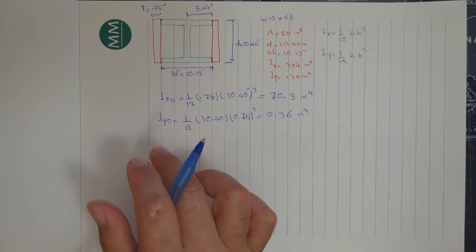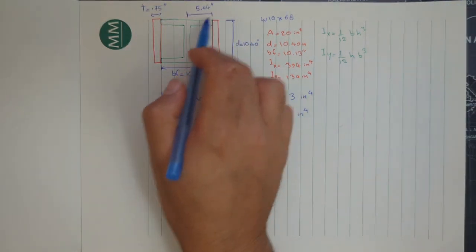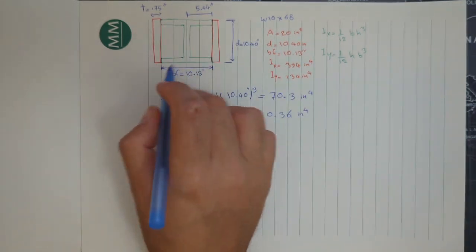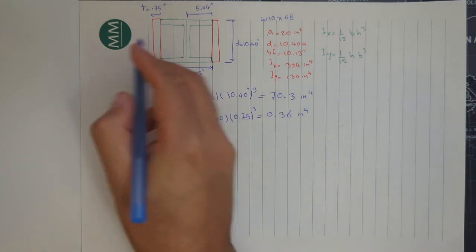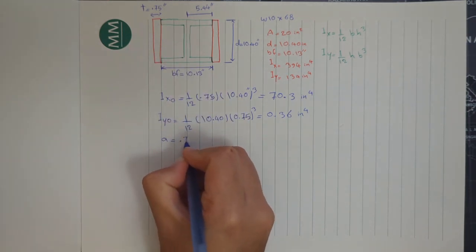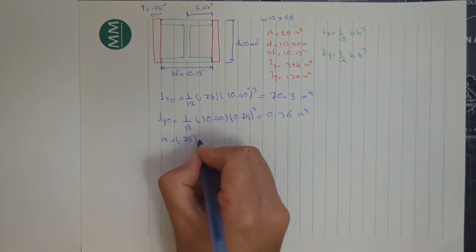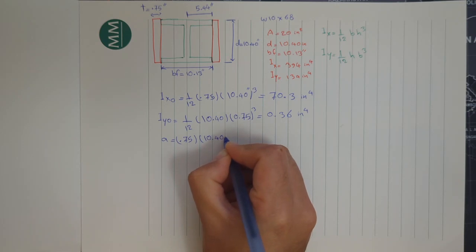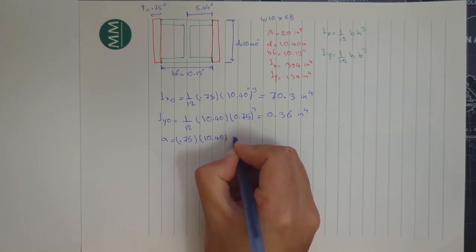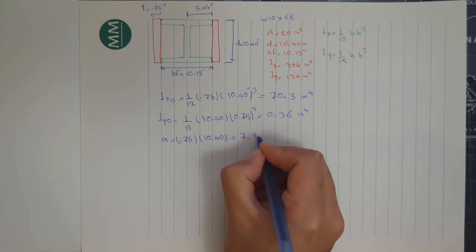And how much is the area of each of the two steel plates on the sides of the I-beam? A equals 0.75 times the height, 10.40, which is 7.80 inches squared.